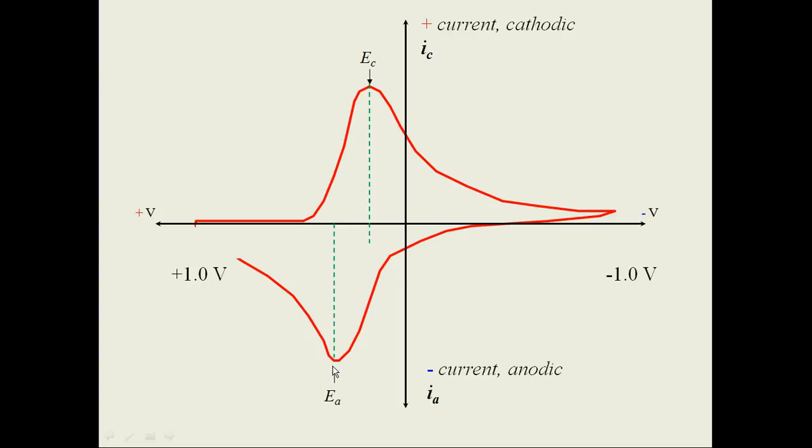This current is for oxidation of the reduced analyte. This is for reduction, and this is for oxidation.